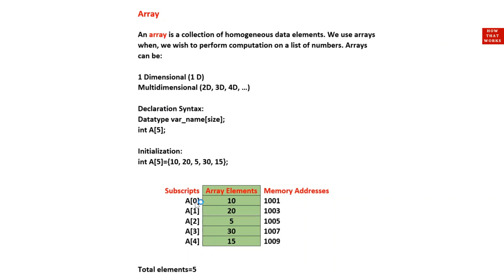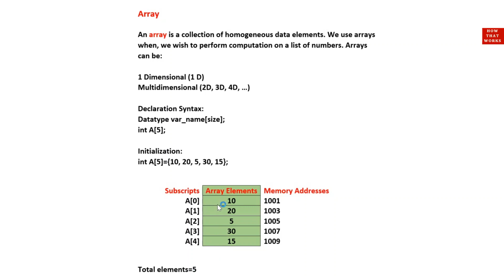You should note that array subscripts always start from 0 but not from 1. Since there are 5 elements, it will go from 0 to 4 but not from 1 to 5. This is very important to process arrays. You should remember this subscript concept very carefully.